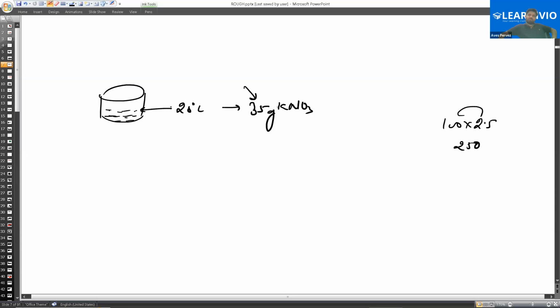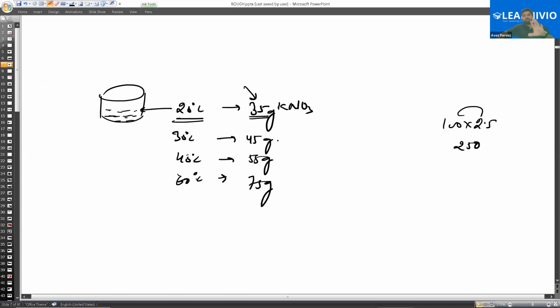So this is a very simple question. For every 10 degree rise in temperature, you can add an extra 10 gram if the solvent is 100 gram. If you have 100 gram of water and raise the temperature by 10 degrees, you can add 10 gram more. Initially at 20 degrees you noted that 35 gram is added. If I go to 30 degrees temperature, it will go to 45. At 40 degrees Celsius, it will go to 55 gram.